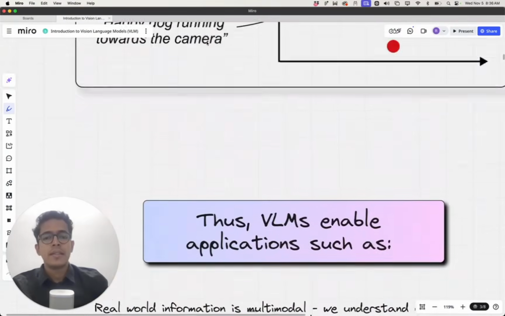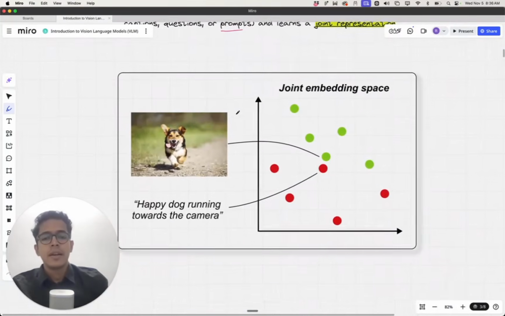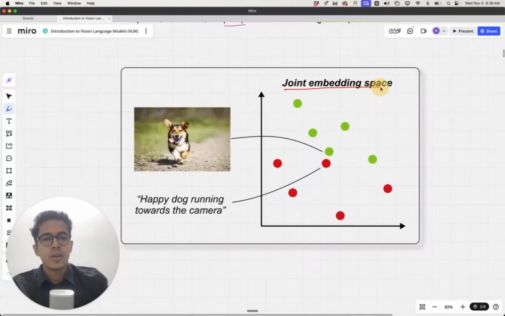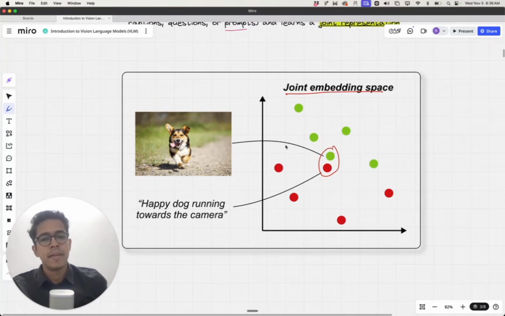This image that we looked at in the beginning was called the joint embedding space, or joint representation, where this image that looks like a dog running towards the camera and the text that says happy dog running towards the camera, if you convert those into vectors and draw the tip of those vectors as dots, one green, the image representation in vector format, and the red one, the text representation, they are both very similar. The cosine similarity between those two vectors will be very, very high.